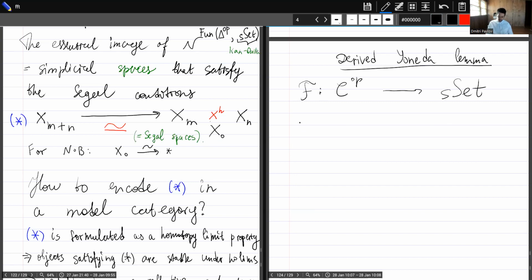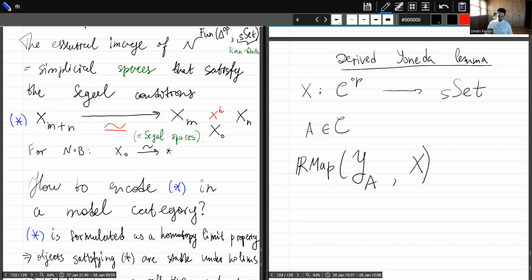And you have some representable object. Let's call it A. A is an object of C. And you are interested in the derived mapping space from the representable presheaf of A into X.